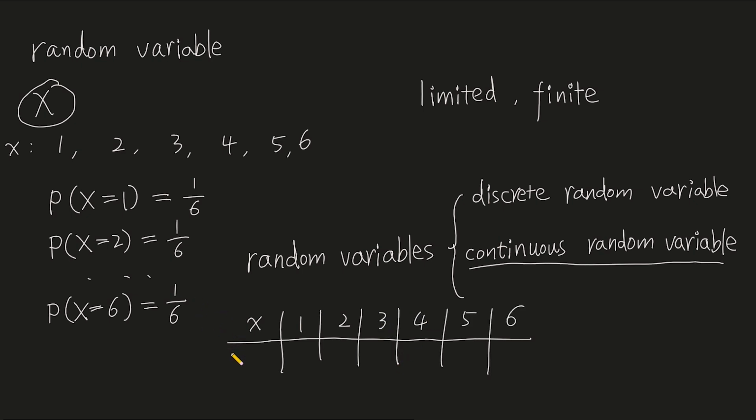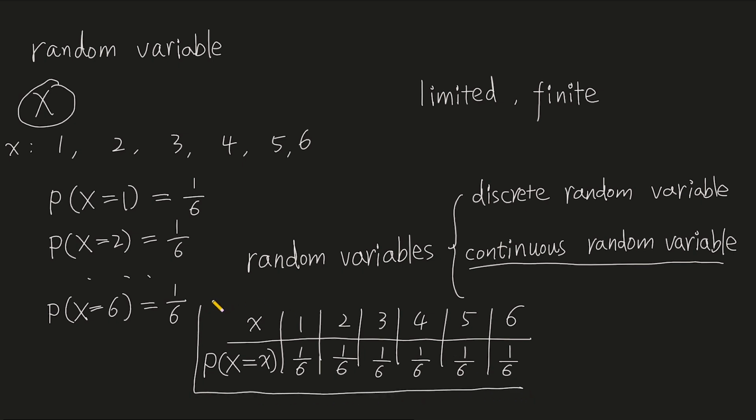And the probability that the random variable equals this value is listed on the second line. For example, the probability that x equals 1 is 1 over 6, equals 2 is 1 over 6, 3 is 1 over 6, and so on.